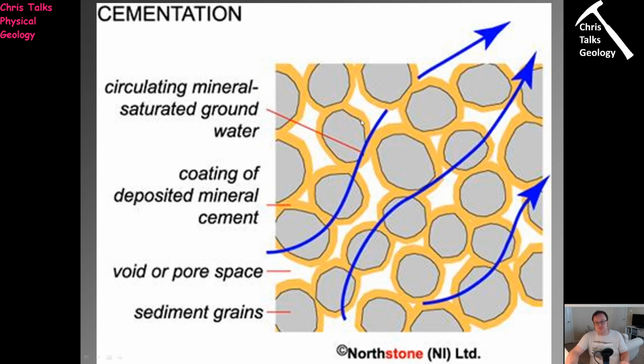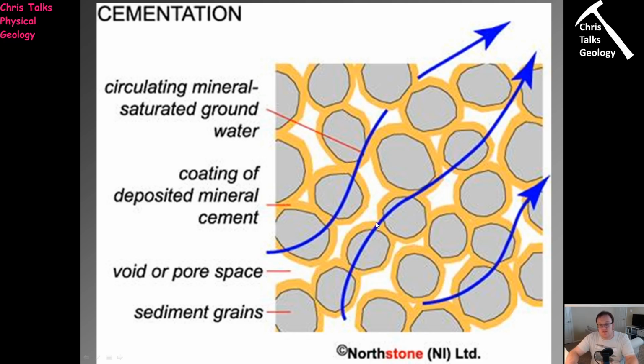And so you can see here these blue arrows represent the water moving through in between the clasts, and as it's moving through, it's depositing layer after layer, very, very thin layers of this yellow mineral. And you can see the coating, the cement, it will get thicker and thicker and thicker until the coatings of individual clasts begin to meet up and link together, and eventually, if the cementation goes far enough, it will actually completely fill up the pore spaces here, and you'll have no porosity in your rock whatsoever.